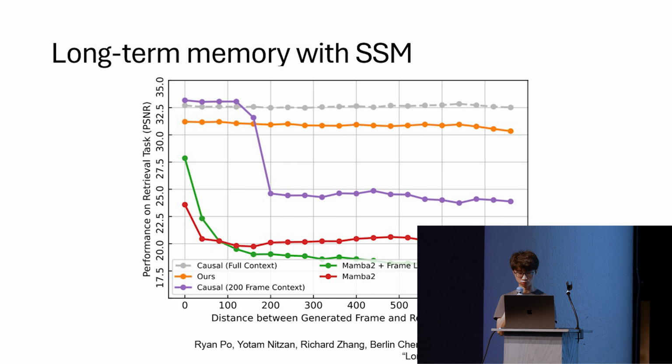After it's longer than the attention window size, your memory quickly drops. But with our method, you get decent long-term memory without sacrificing any latency. And we use it to generate 3D consistent Minecraft worlds.